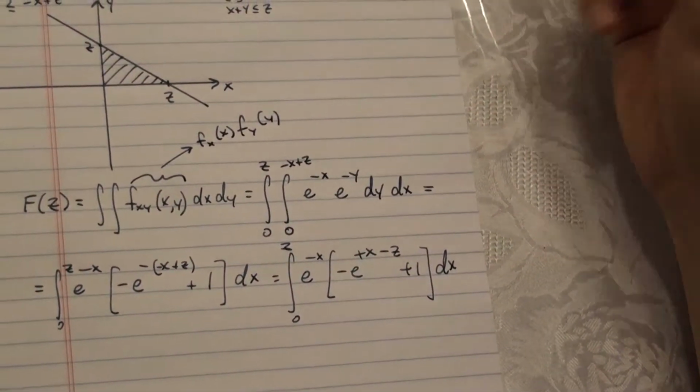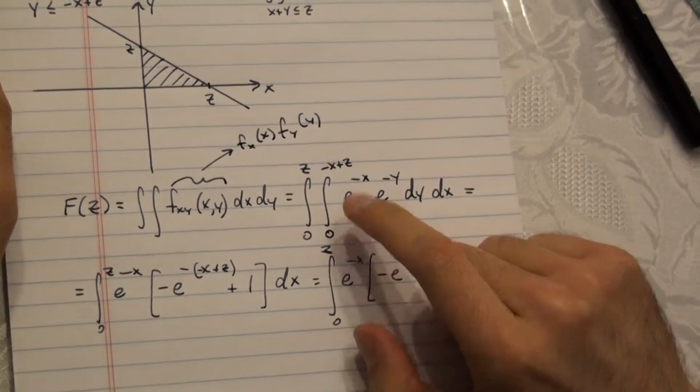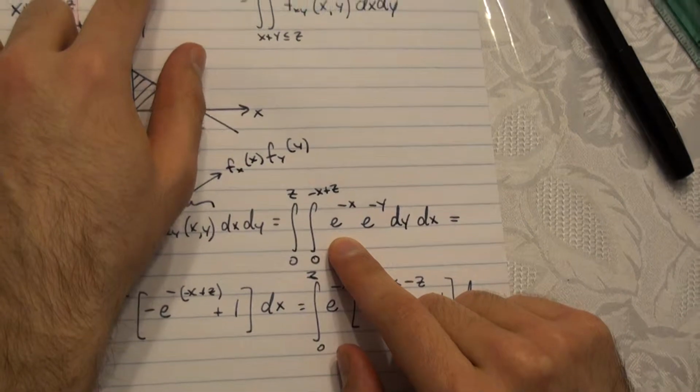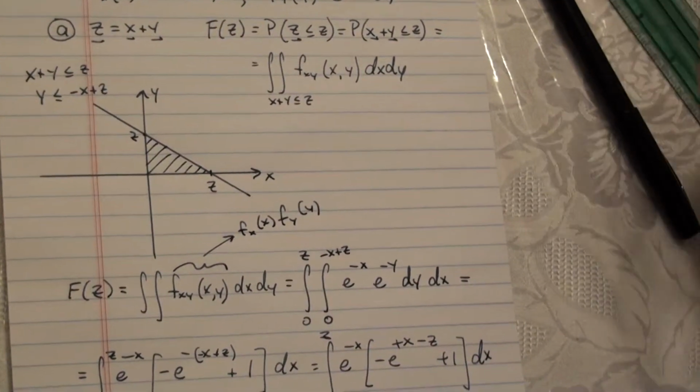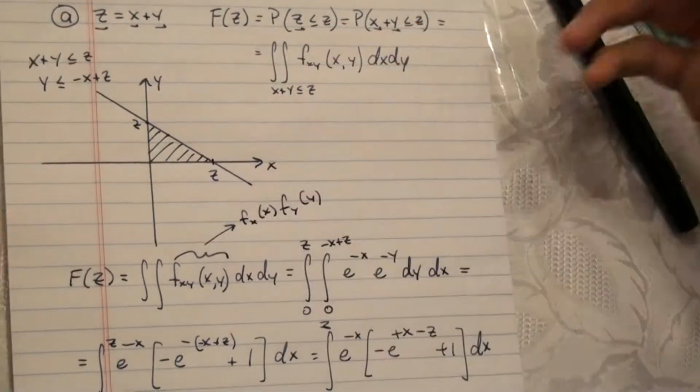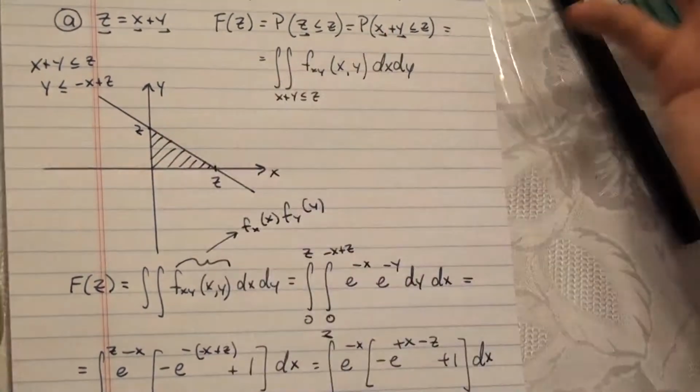So little f of x is e to the minus x, and little f of y is e to the minus y. Now I drew this picture to help me figure out how to integrate this shaded area.